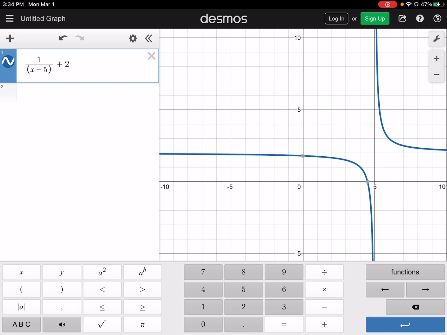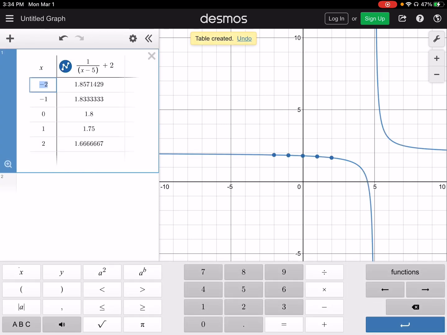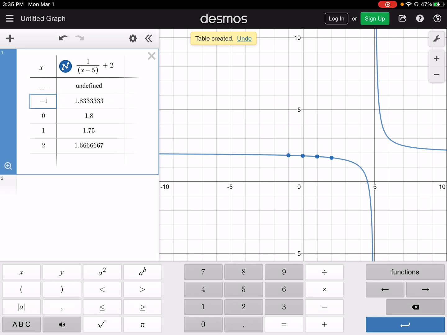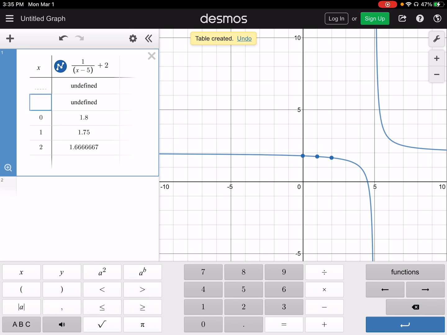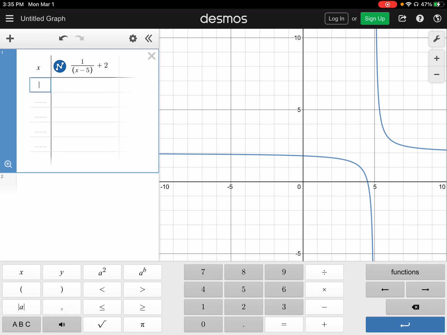So remember, you can come here to your little widget and you can click on your table and it's going to make a table for you. I'm going to go ahead and get rid of this stuff that Desmos has picked for me. And I went ahead and I tried to find nice points, but this was one of the nicest points I could find on this branch, and then this one.